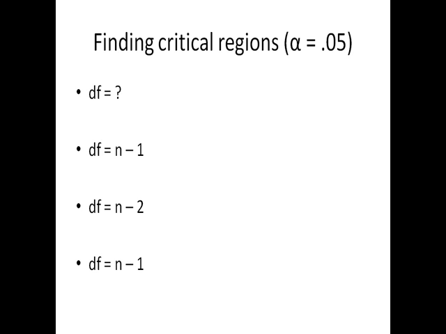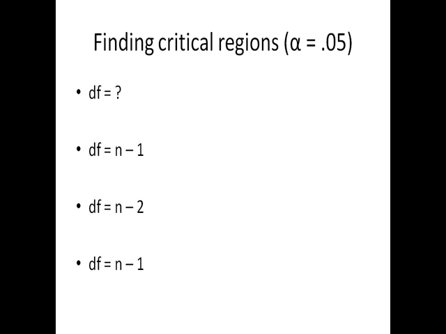Now, for the single sample t, there's one group. We take the number of subjects minus 1. For the independent measures t statistic, there are two separate groups. So we can calculate degrees of freedom one of two ways. One is we can take the total number of participants minus 2.